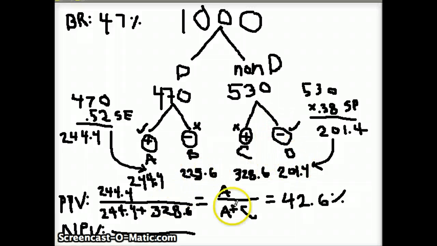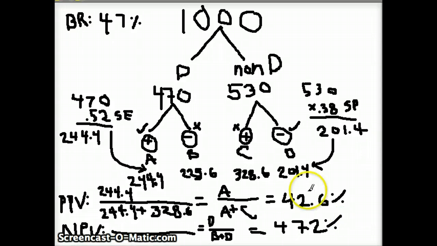So just as above, we did A over A plus C. In this case, we do B, actually D, pardon me, over B plus D. And I won't write out the numbers here, but you can plug them in. What you get is 47.2. All right, I hope that was helpful.